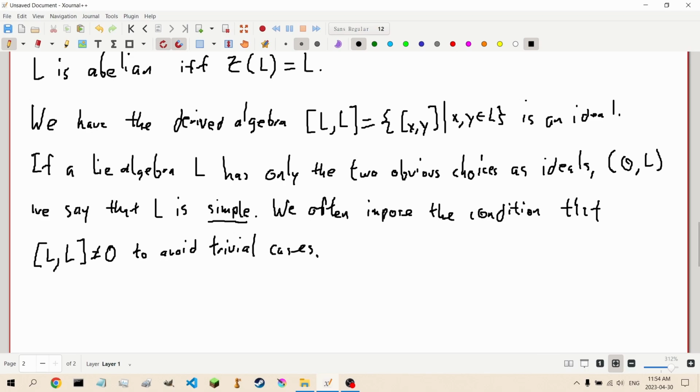And so then we see that pretty obviously the center of L has to be 0, and that the derived algebra has to be the algebra itself when L is simple.